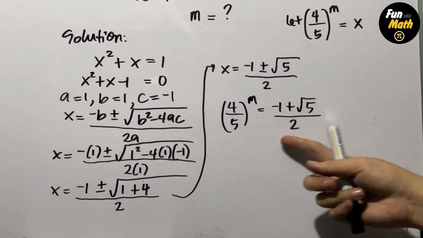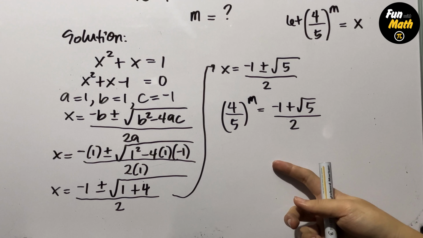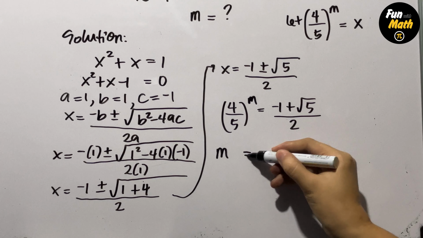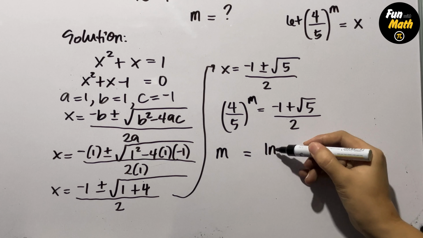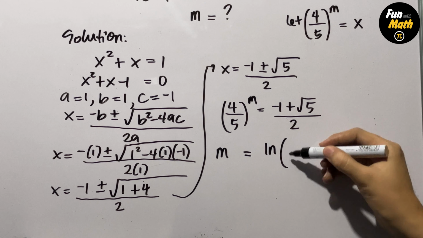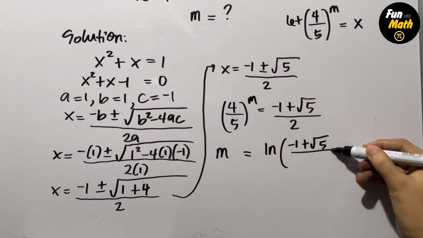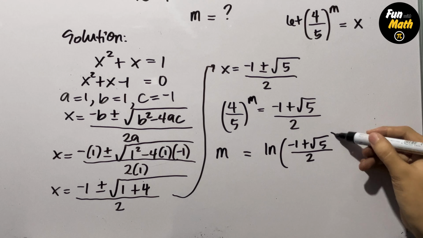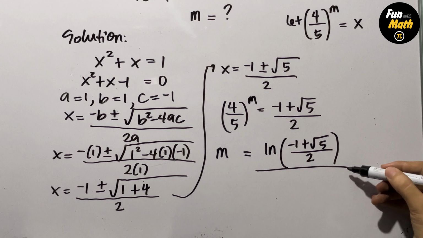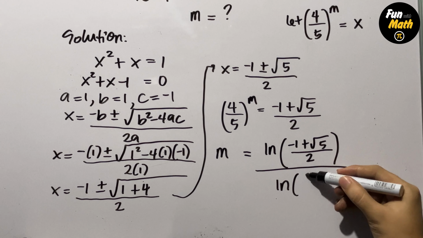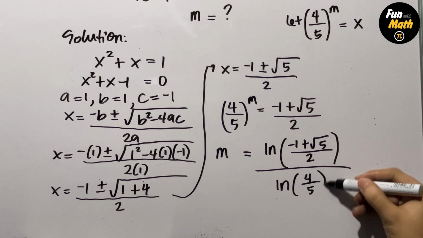Now for this, we can use the natural logarithm. So now m is equal to ln of negative 1 plus square root of 5 over 2, whole over ln of 4 over 5.